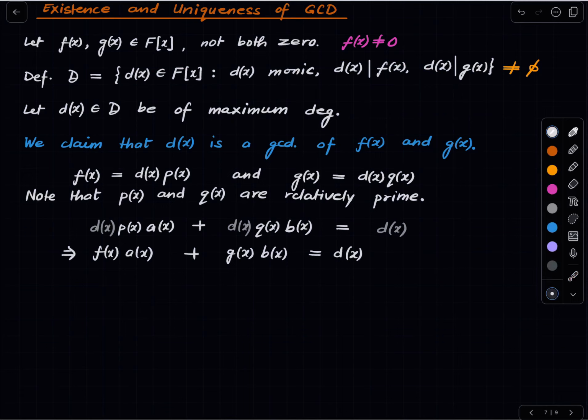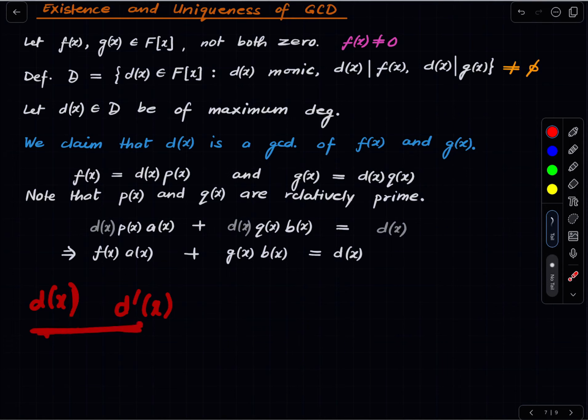And this is where we will use the problem that we gave. Like in the beginning of the lecture, we had a problem which was also marked with a star, not because it was hard, but because we were going to use it. So if d(x) and d'(x) are both GCDs of f(x) and g(x), then they divide each other.